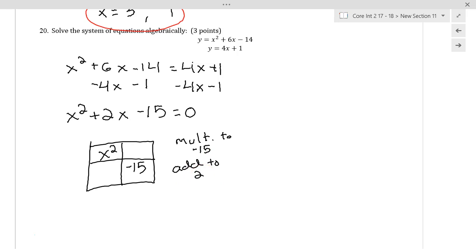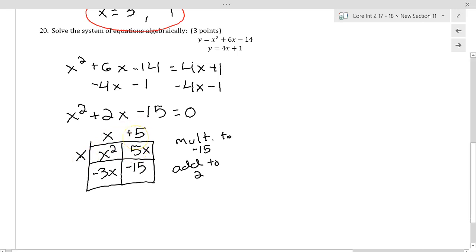My two numbers that multiply to negative 15 and add to 2 are 5 and negative 3. So x squared plus 2x minus 15 is (x plus 5)(x minus 3).